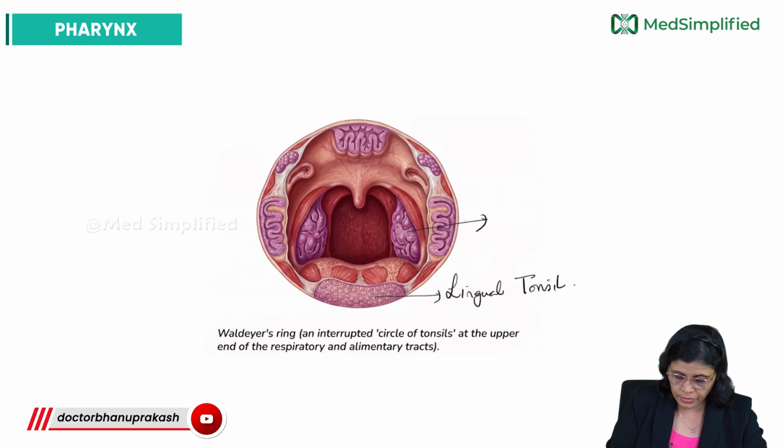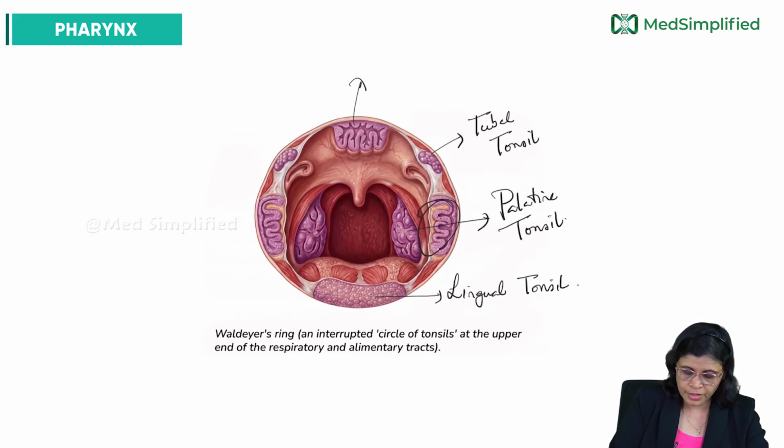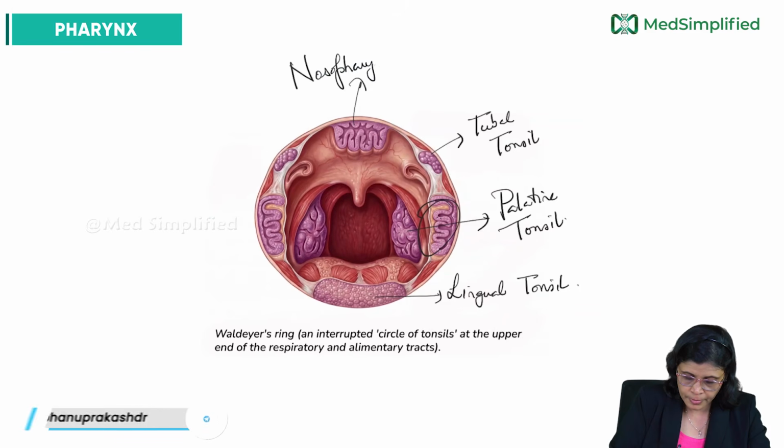Anterolaterally here we will see the palatine tonsil. Then posterolaterally we will see the tubal tonsil, and posteriorly we will see the nasopharyngeal tonsil.